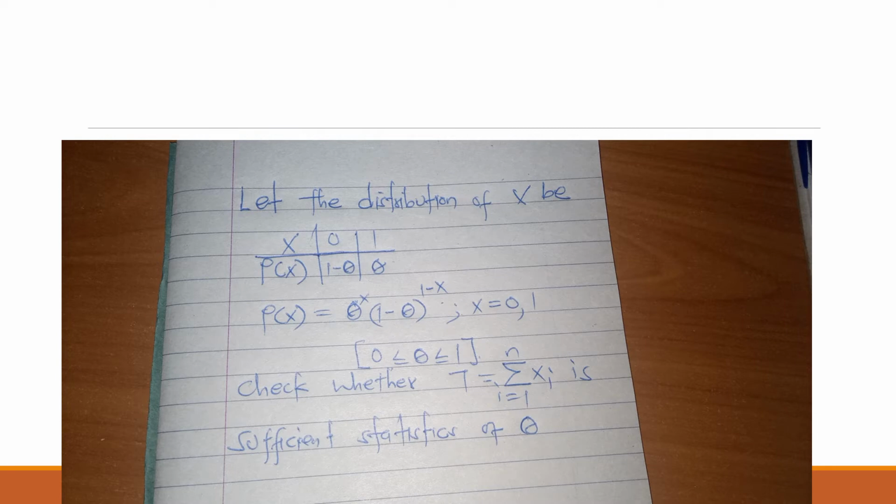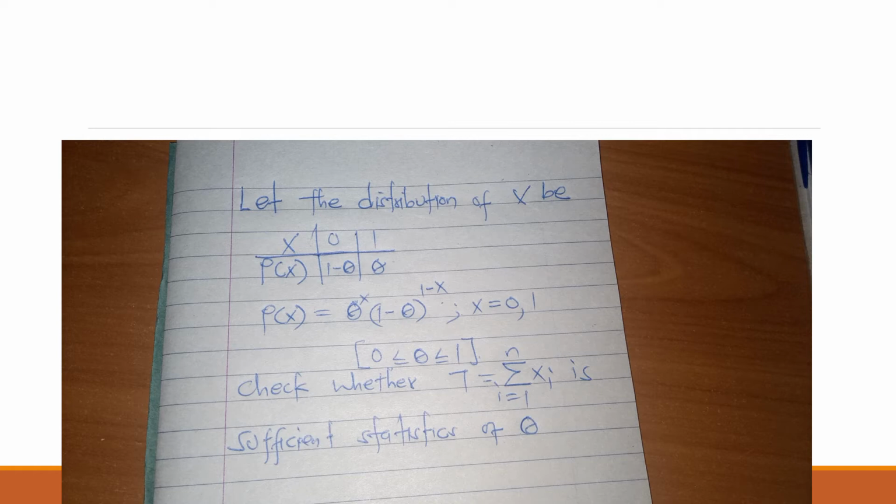So we're going to look at an example. Let the distribution of x be such that x takes values 0 and 1. This is a Bernoulli distribution. The probability of 0 is 1 minus theta, and the probability of 1 is theta.